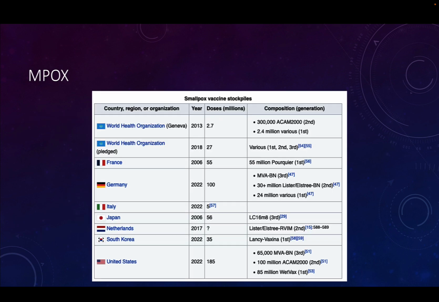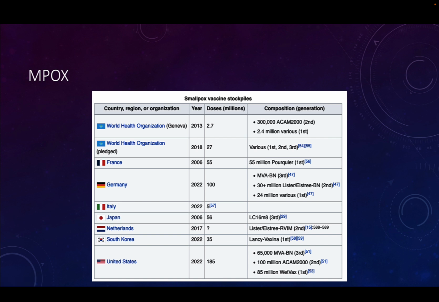These data are from Wikipedia, but it's the best I could find about the number of smallpox vaccines that are available worldwide. So these are the stockpiles. So the World Health Organization in 2018 had 27 million doses, France 55, Germany 100 million, the US 185 million.